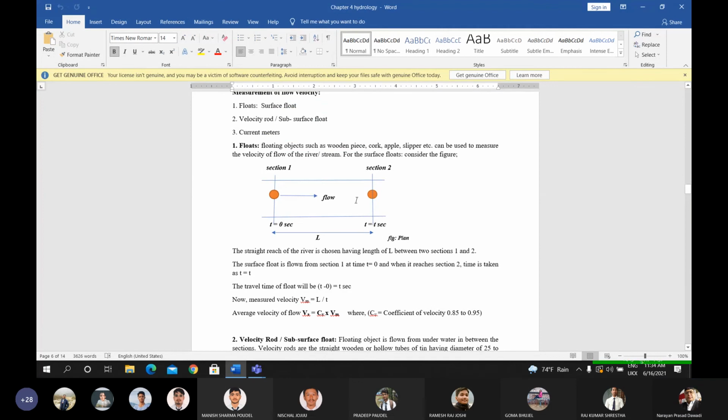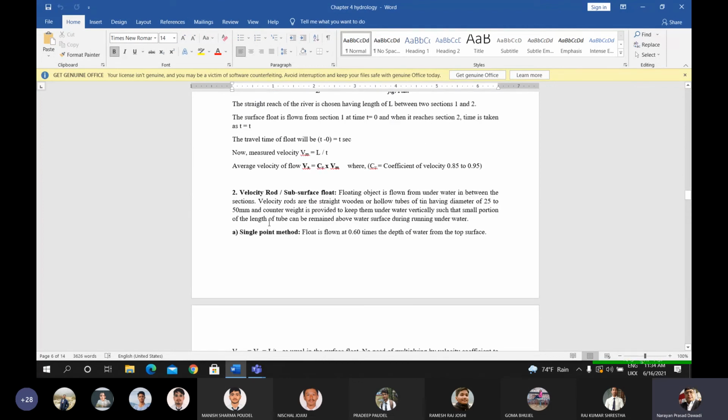Okay. Now using the velocity rod. Velocity rod or subsurface float is the same thing. In the surface float, the floating object flows on the top surface of the water. But for the subsurface float or velocity rod, the floating object flows inside the water, not on the surface of the water.